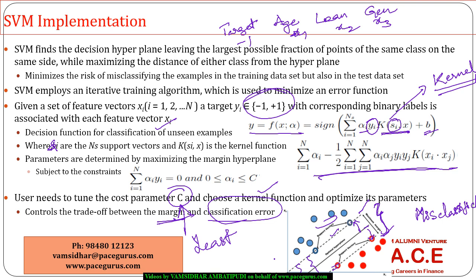I am determining the kernel function in such a way that the misclassification error is as small as possible, but at the same time, I'm also looking for the distance between the groups to be as high as possible, so that even in future, when a new observation requires classification, we can do it with little error. So that's the kind of process that is followed.